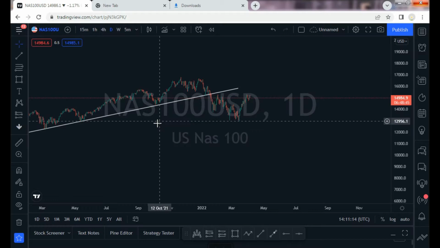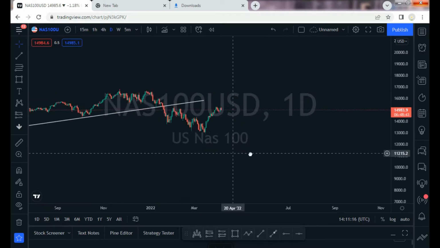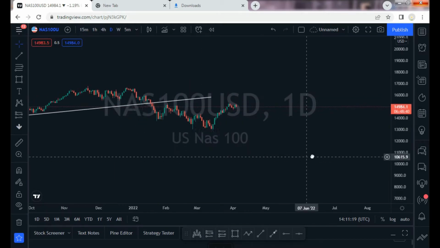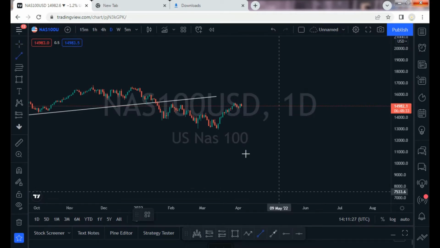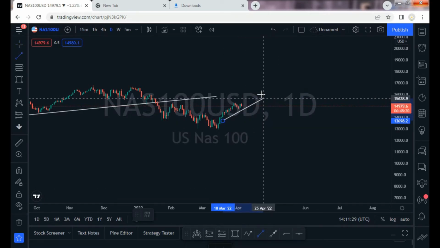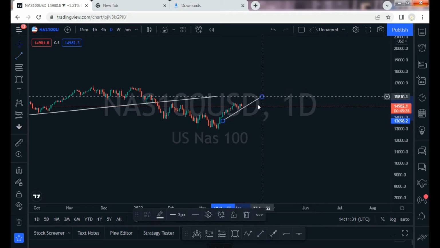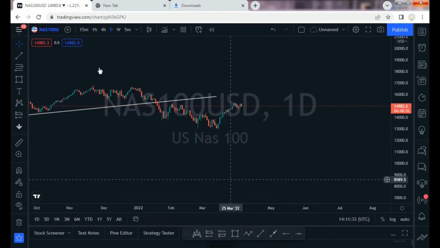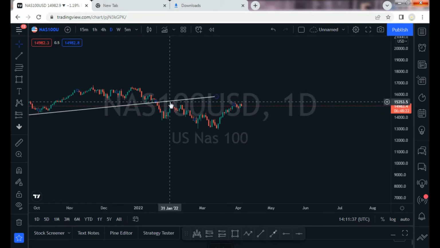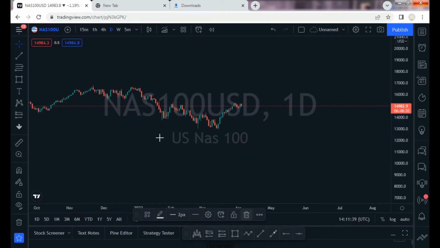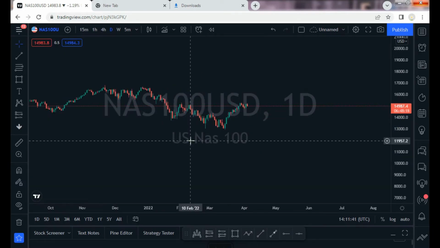So I could basically say NASDAQ 100 is currently in an uptrend. All right, so we've gotten the general trend, right? So most traders would keep their trend line on the daily, but me, I like to remove mine.